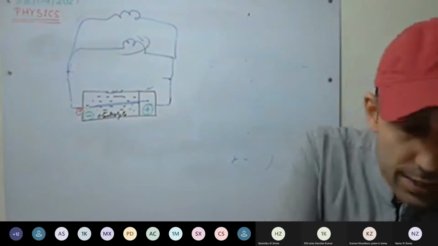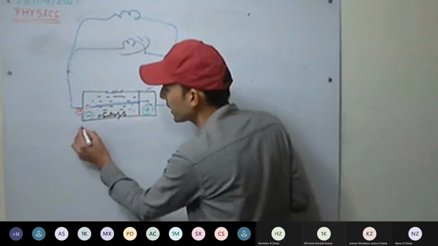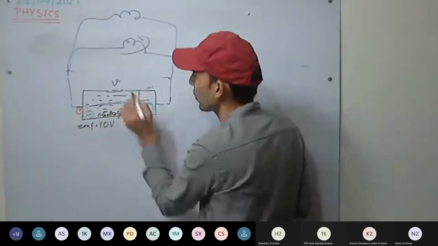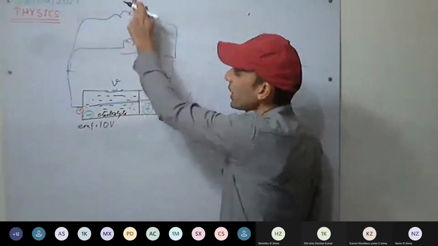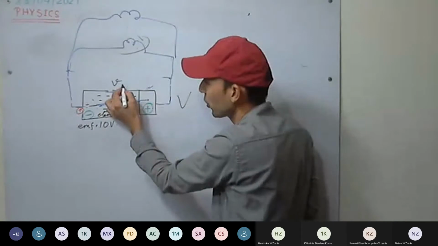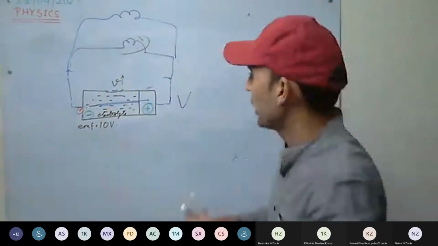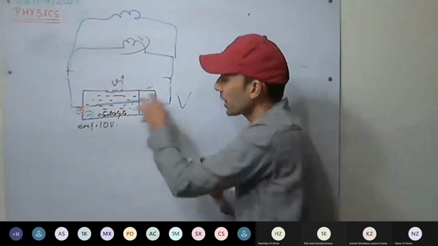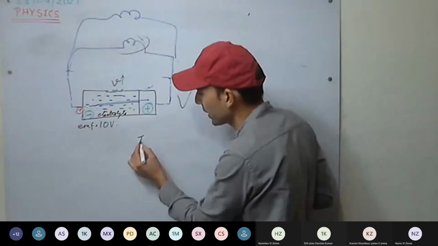Since we have connected more load, EMF is constant, that is written on the cell. So it is 10 volt. This is smaller v, this is capital V. More load we are connecting, this voltage drop increases because internal resistance increases. How can we increase current?